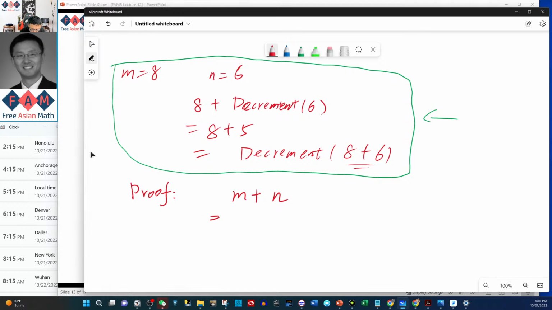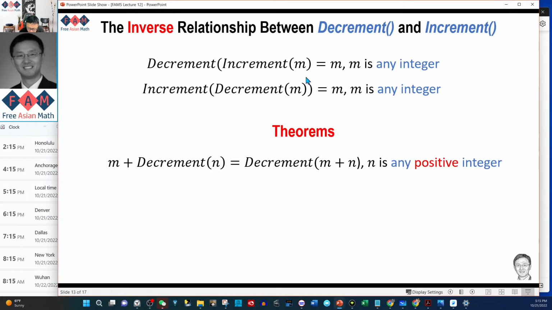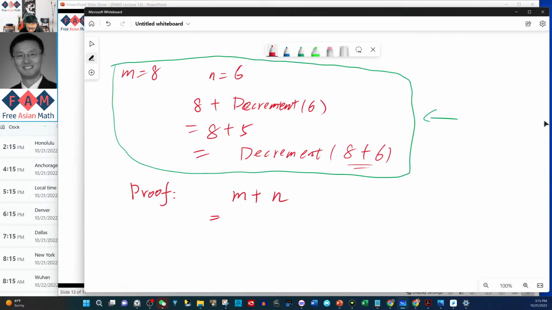So, based on what we have here, increment of decrement gets back to that number, we can easily write this as m plus increment of decrement of n, right? Another parenthesis.